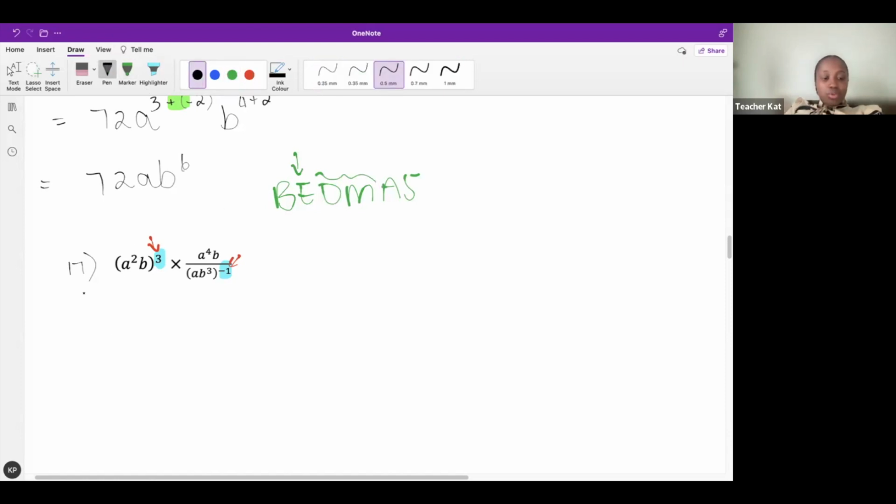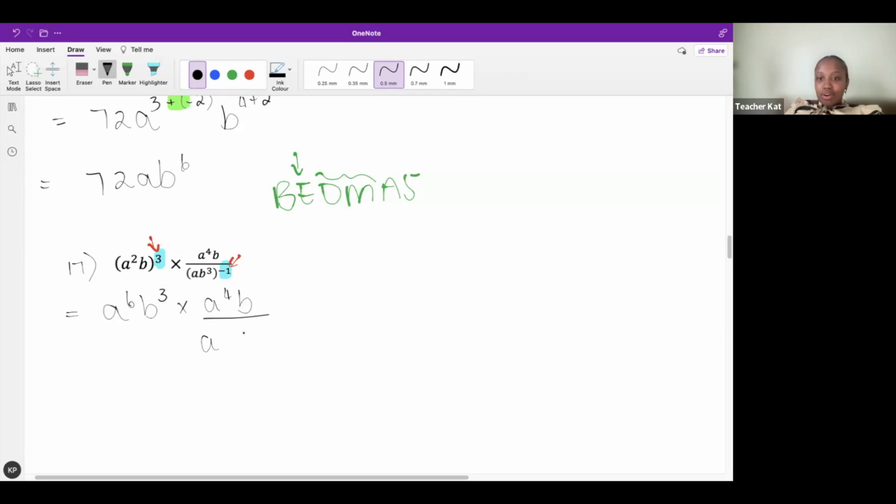Okay, let's distribute. If I distribute my 3, then it's going to be a to the power of, Sengyani already told me, 6, and b to the power of 3, times. Okay, I'm going to rewrite my numerator because I can't do anything about it. Over at the bottom, it's going to be a to the power of negative a, not b.